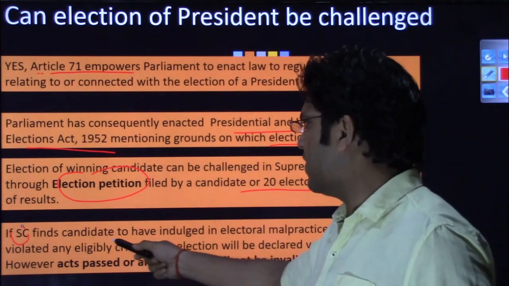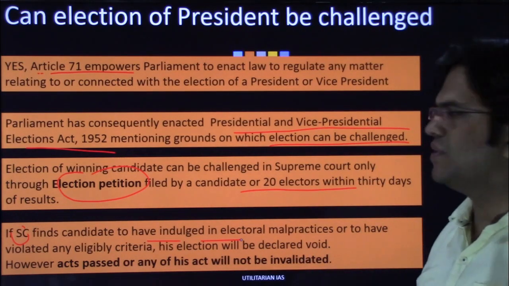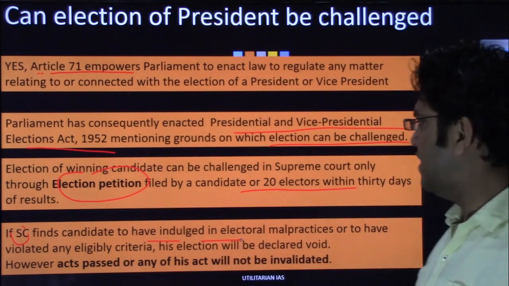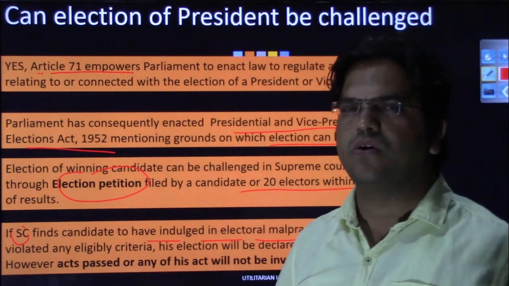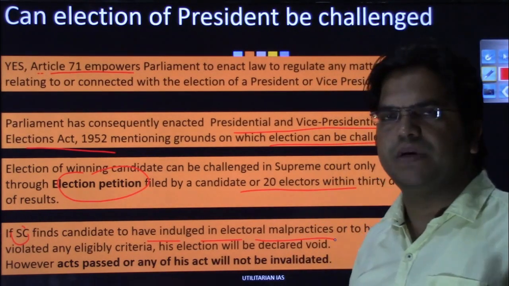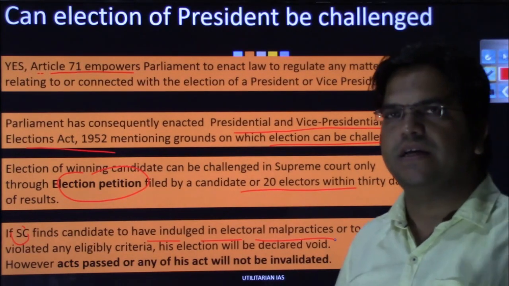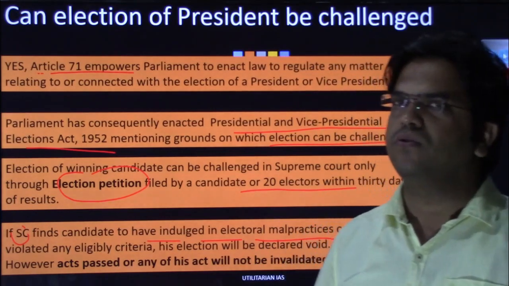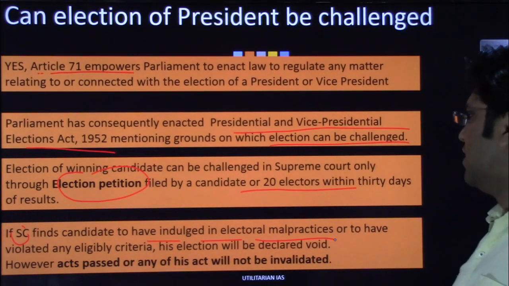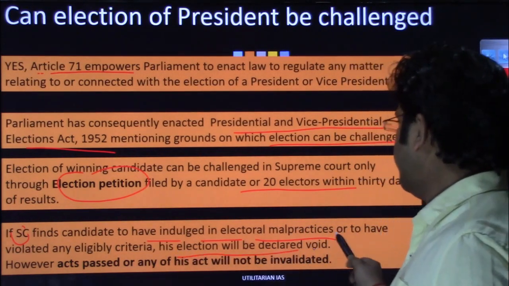So if Supreme Court finds that the candidate against whom this election petition has been filed has indulged in any kind of electoral malpractices, or if he was not fulfilling the eligibility criteria that we'll study right now, although on papers he claimed, then his election will be declared void.